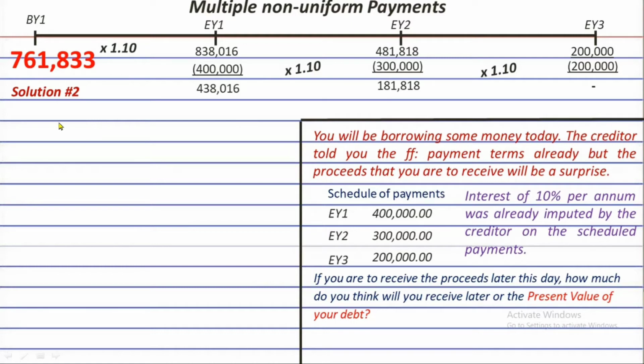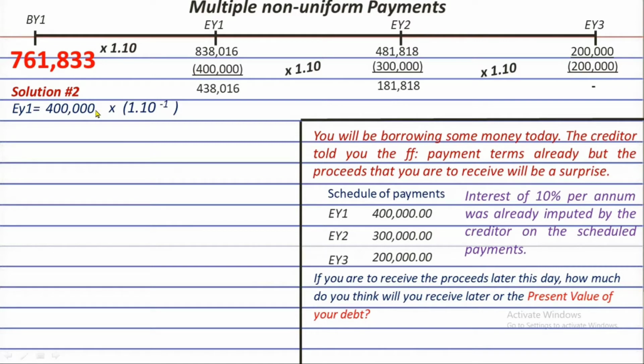So the payment that will be due at the end of year 1 is 400,000. So we need to multiply it with 1 plus i raised to the power of negative n, or 1.10 raised to the power of negative 1 only. So the n is negative 1 only because from now, it will become due only after 1 year.